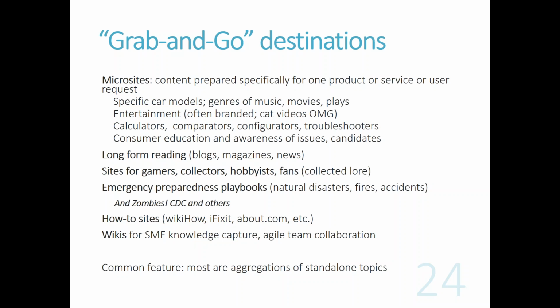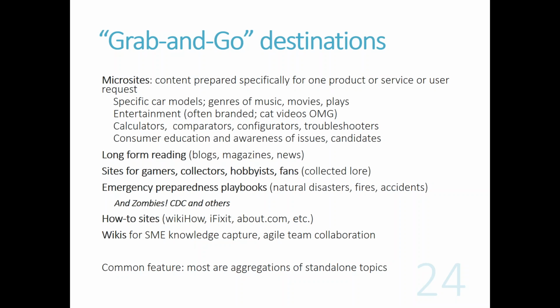And this can be done for genres of music, can be done for movies and plays. These are each examples of microsites where the information is prepared specifically for one product or service or type of user request. We see it in entertainment where branded information tends to create an island of links and sites that you visit.